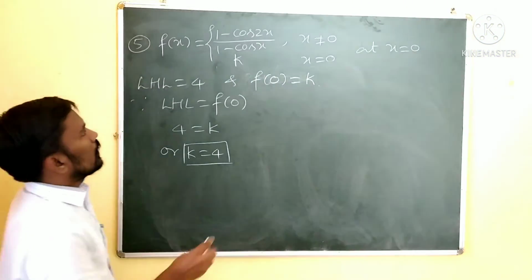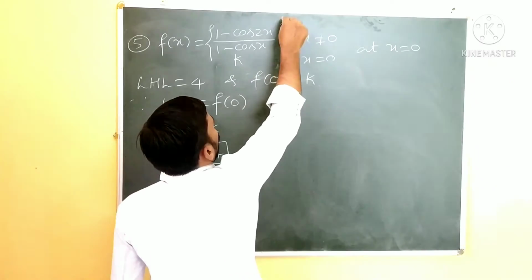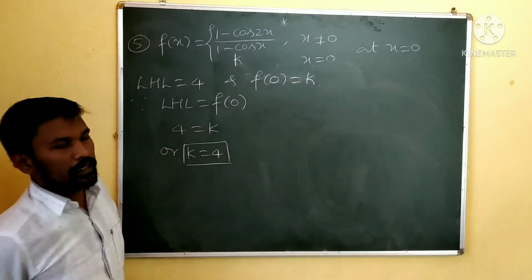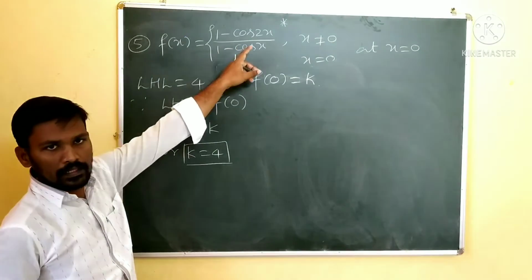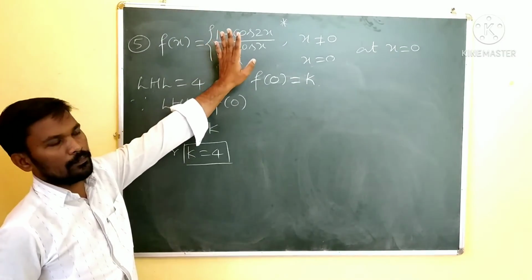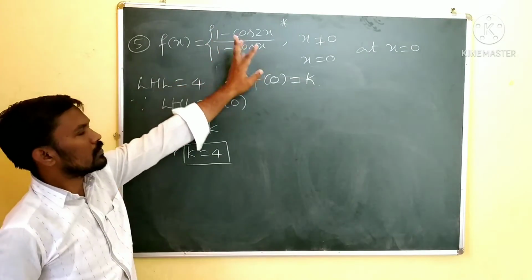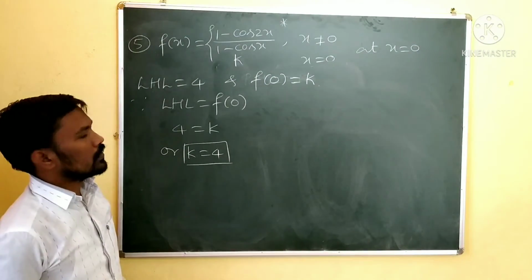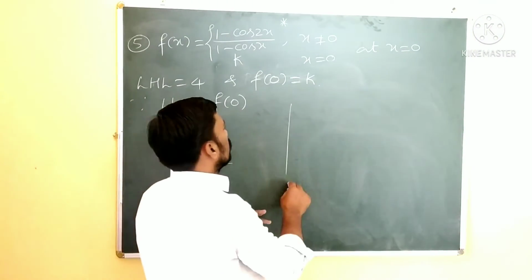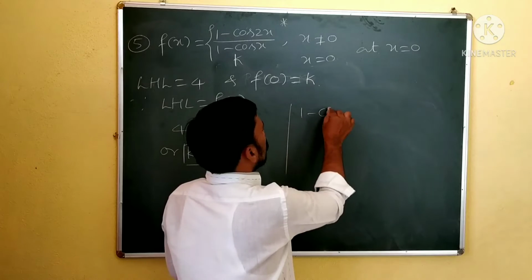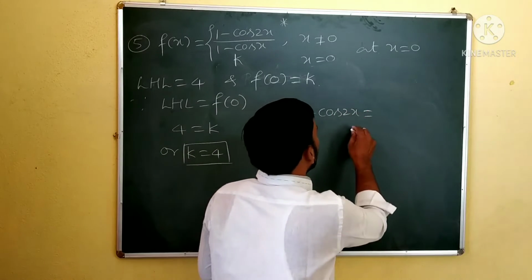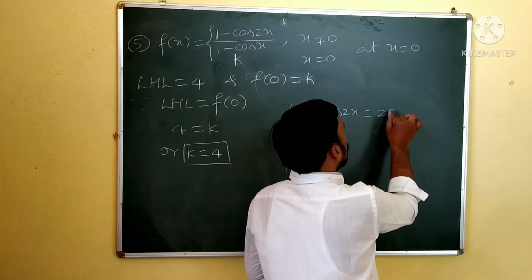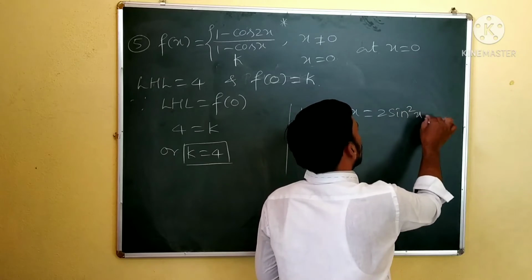So this is somewhat tricky. Here you have to make use of trigonometric identities. When you apply the limit directly, it will take 0 by 0 form. That is why I replace 1 minus cos 2x. Let me write the formula again. 1 minus cos 2x, remember this, is 2 into sin square x.